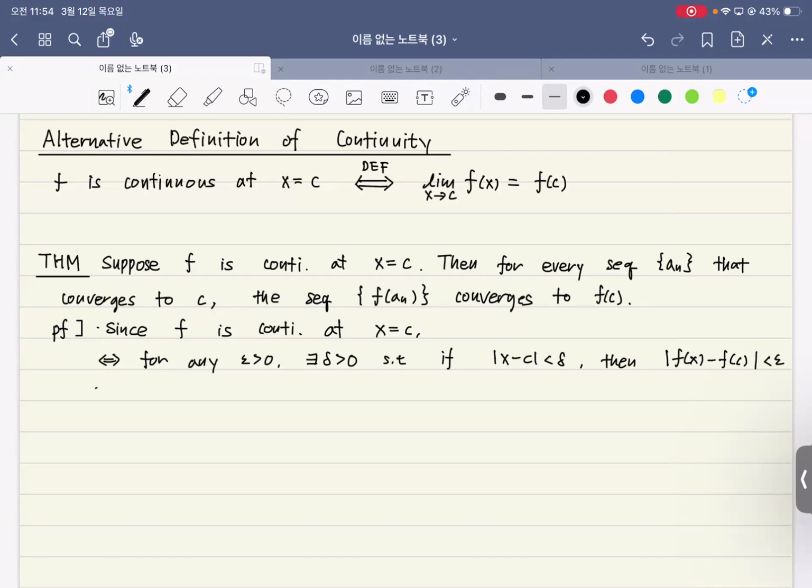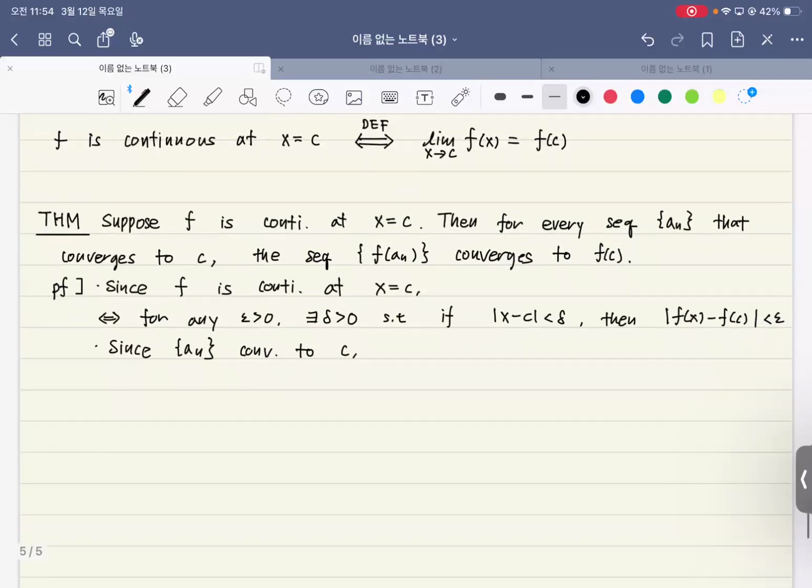Also, the sequence is converging to c: for any epsilon, there is a positive integer N such that if the index n is greater than N, then the absolute value of a_n minus c is less than epsilon.